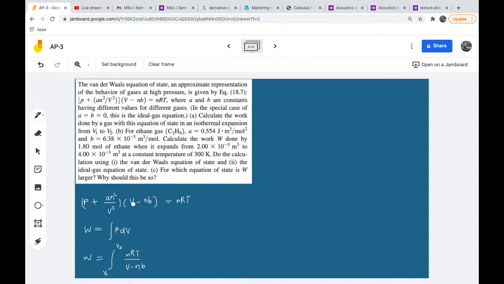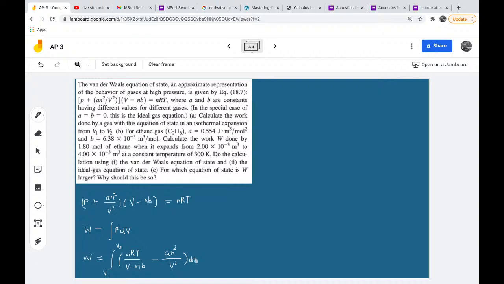That is the first term. Now this will go to this side and become a negative term, so it will be minus a n^2 divided by V^2, and I can put everything in a bracket and put the dV term here.